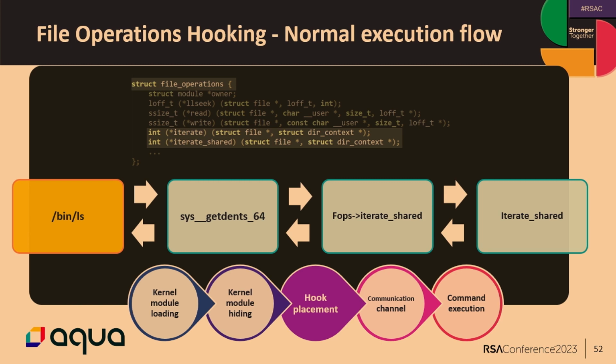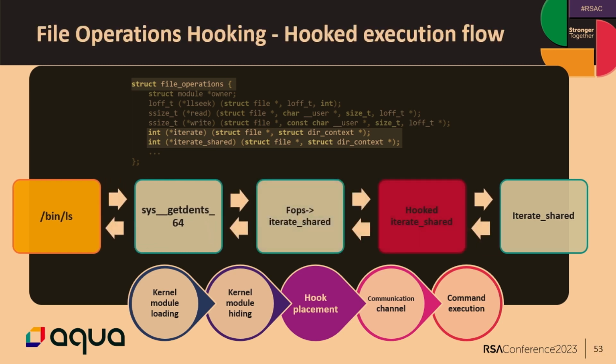So in this example, we can see what happens backstage in the kernel. We have an ls command, which calls the getdents syscall, which in turn calls the file operation pointer, pointing to iterate_shared, a function in the kernel, and that goes back into user space to return the results. What attackers might do is change the file operation pointer.